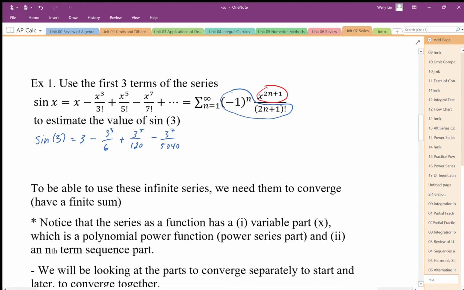As I calculate this, I'm going to punch this into my calculator. So I'm going to go 3 minus 3 to the power 3 divided by 6 plus 3 to the power 5 divided by 120 minus 3 to the power 7 divided by 5040.